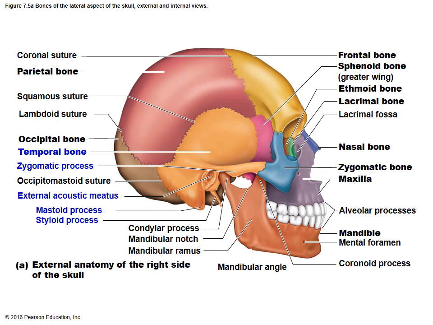You will also see your external acoustic meatus, which corresponds with our ear canal opening. We have our mastoid process underneath it, and then we have our styloid process in the spike format as well. Now please keep in mind that the mastoid process and the styloid process are both used for muscle attachment.